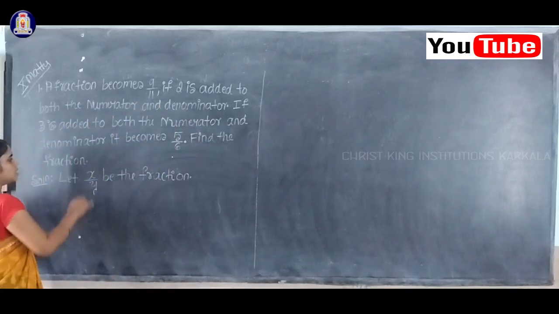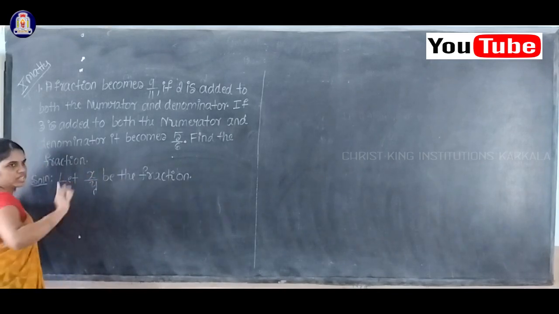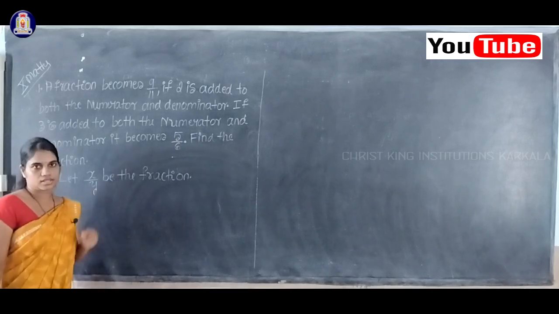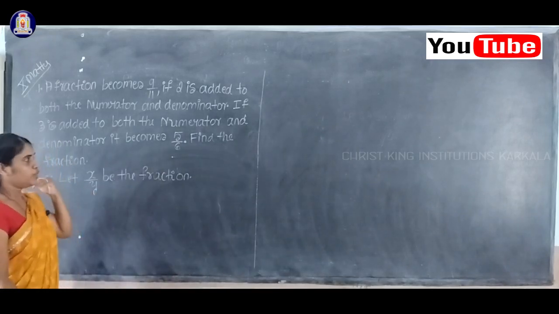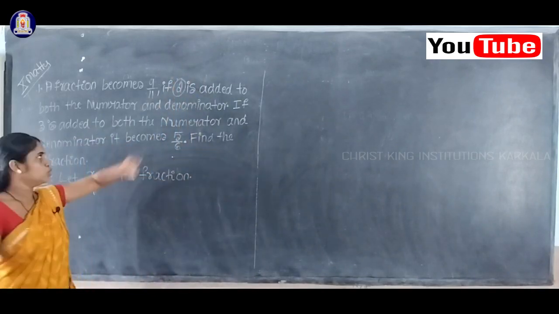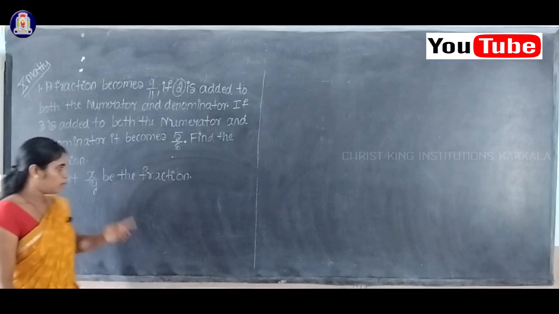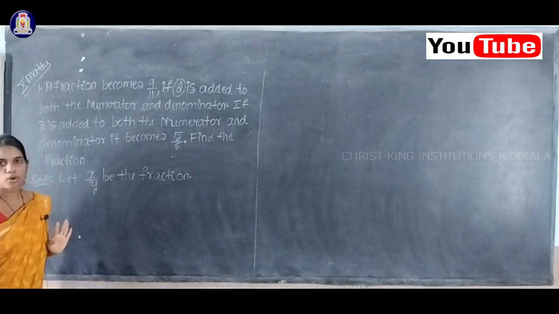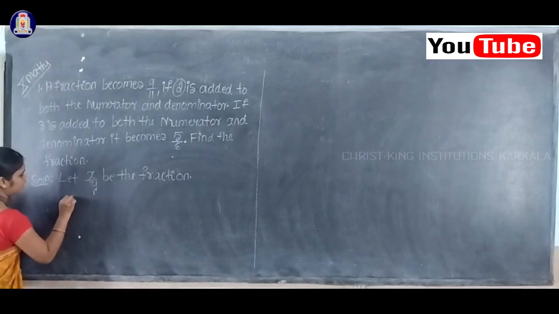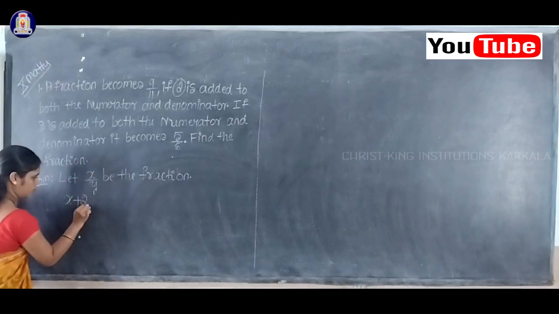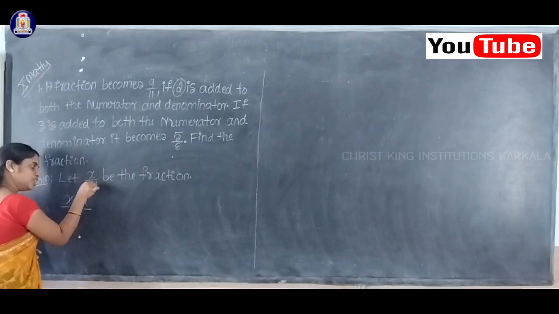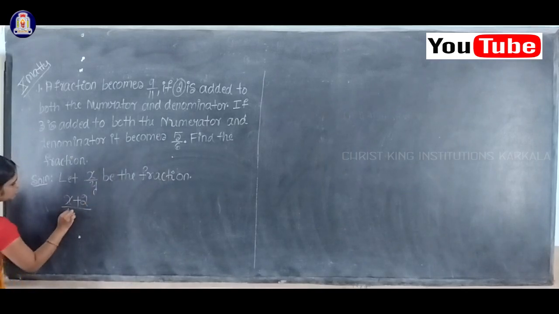Here x is the numerator and y is the denominator, so you have to add 2 to the numerator as well as to the denominator.